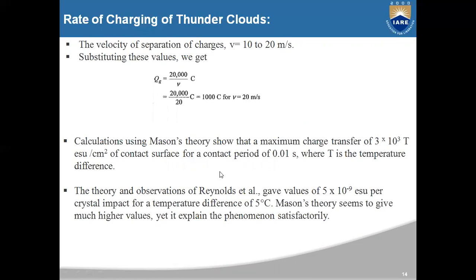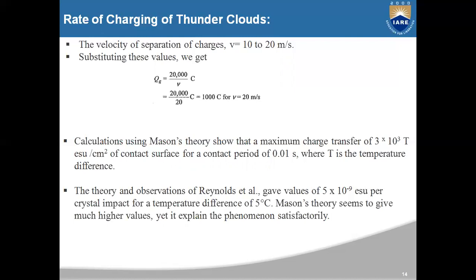These calculations using Mason's theory show the maximum charge transfer, that is up to 3 into 10 to the power of 3 ΔT ESU per centimeter square of contact surface for a contact period of 0.01 seconds, where ΔT is the temperature difference.